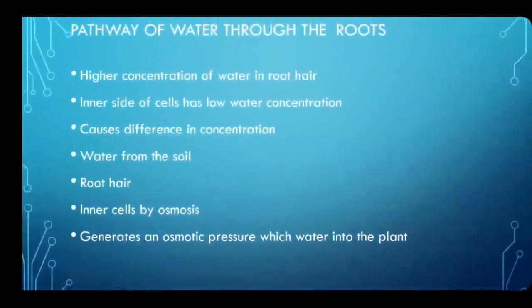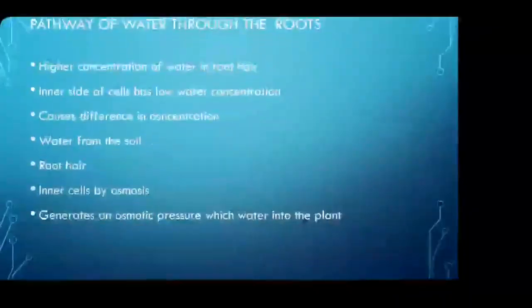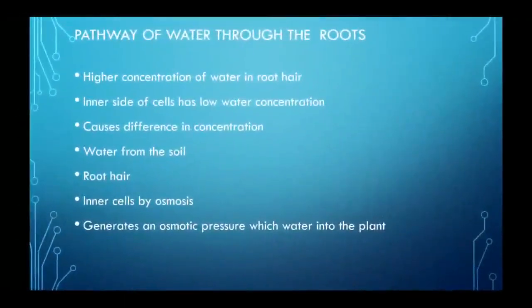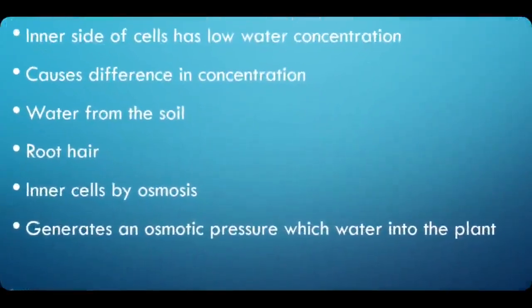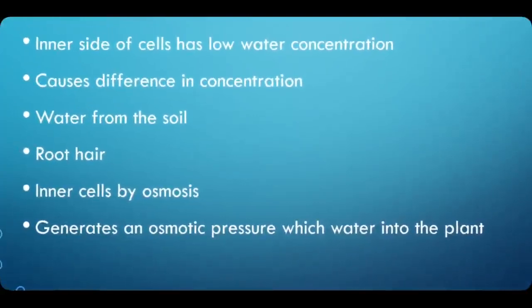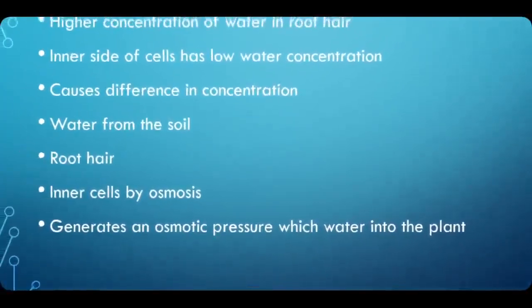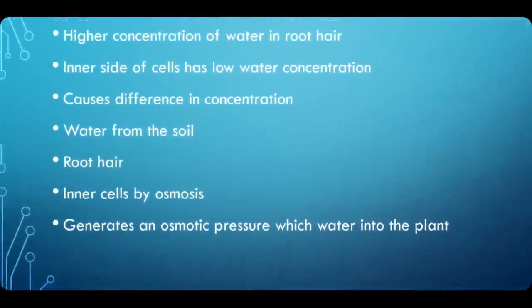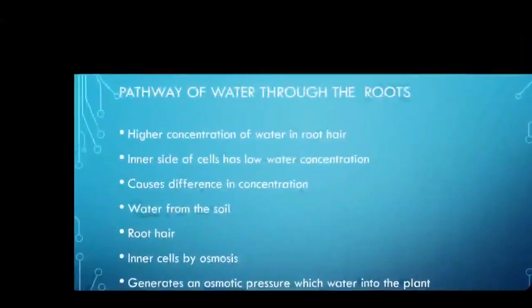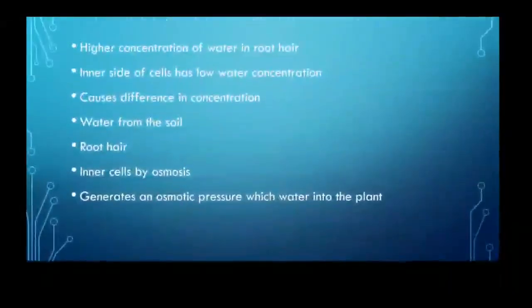Okay, so this is how water is transported. It is always transported by the process of osmosis. It means when it is in higher concentration, it travels to the region of lower concentration and makes a difference in the concentration. And this difference in the concentration makes the water reach the inner side of the plant, or inner side of the root.